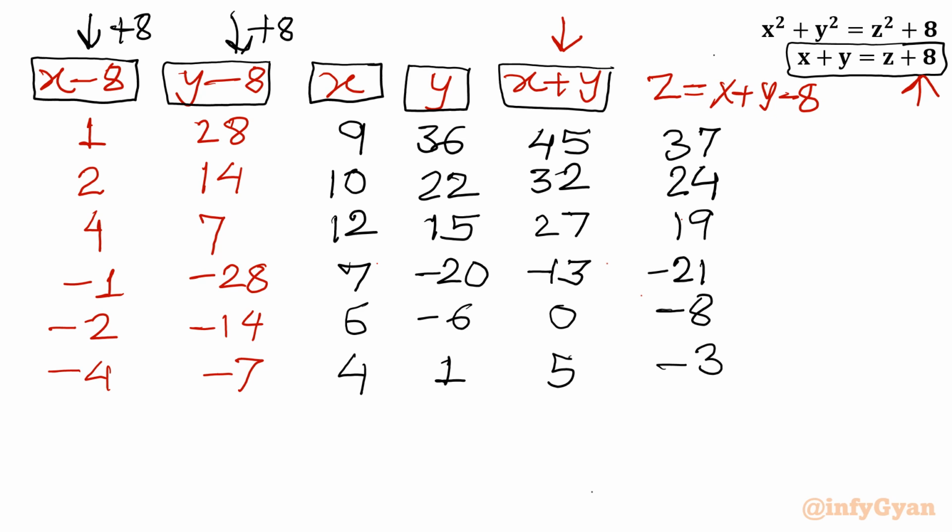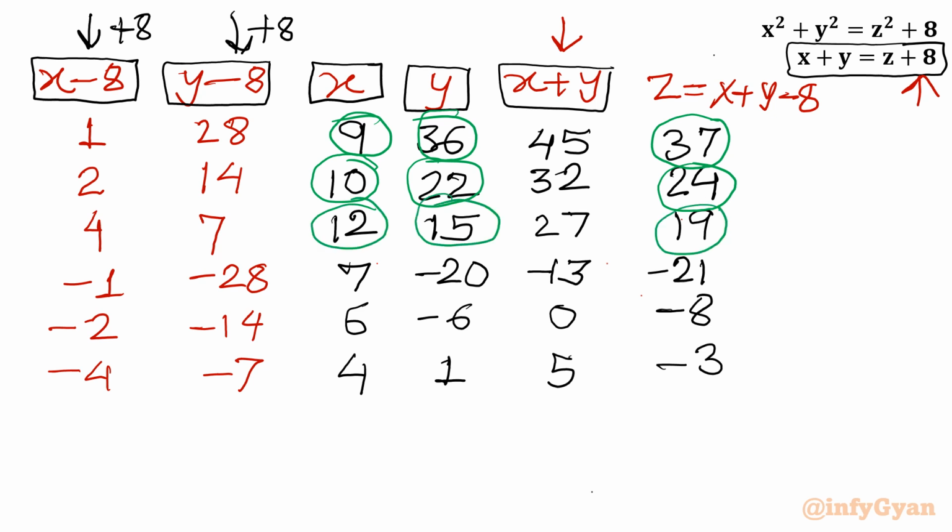So here we have the ordered pairs of x and y. Let me write them separately. If I write the triplets, x comma y comma z, they are: 9, 36, 37. Then 10, 22, 24. Second, 12, 15, 19. Then 7, minus 20, minus 21.